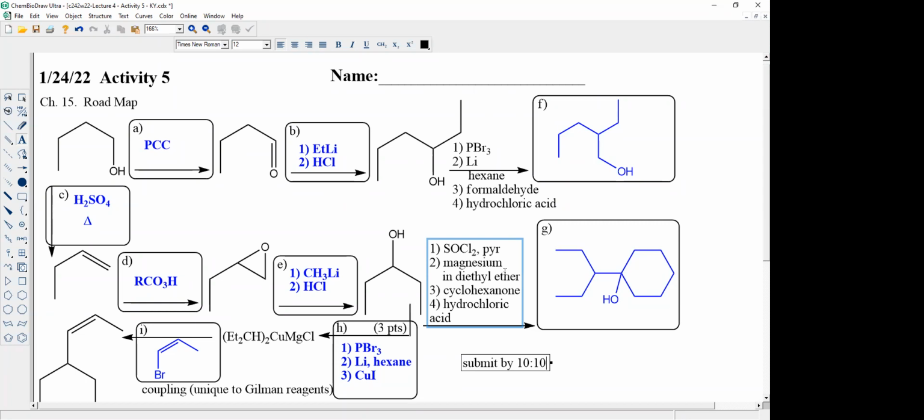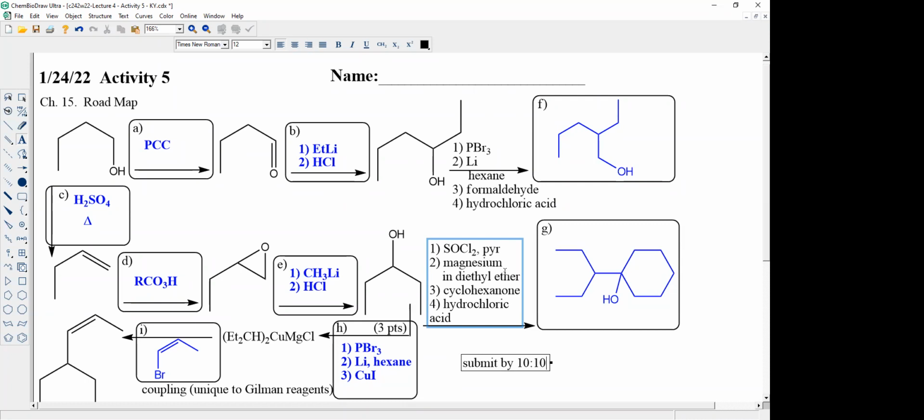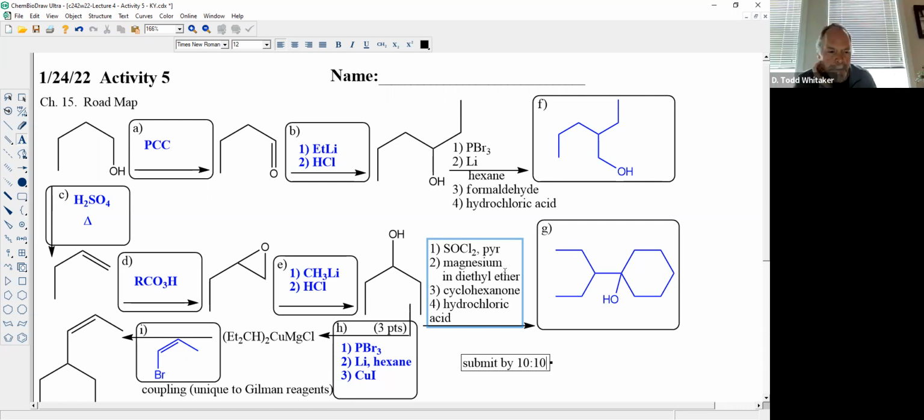Wait, Professor, I have a question. For the first activity we did, I got really confused on how you knew there was an alkene. How I knew there was an alkene? I'm going to get rid of this screen, everybody. It's over, right? Everybody's cool with that?